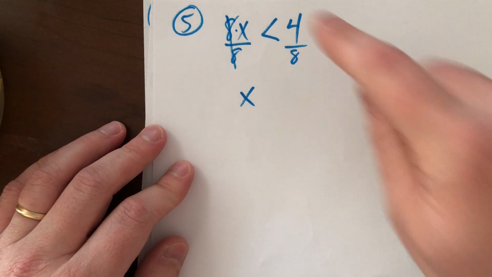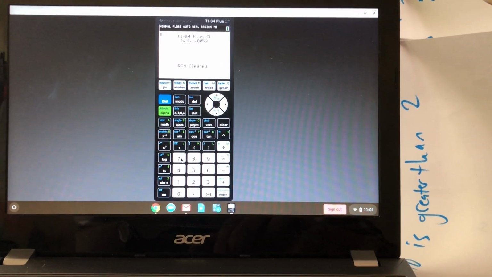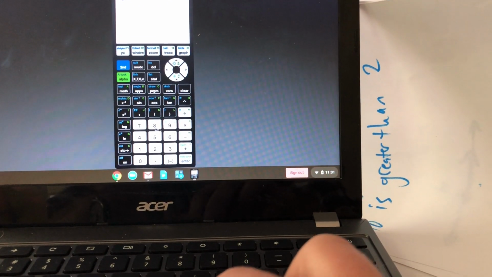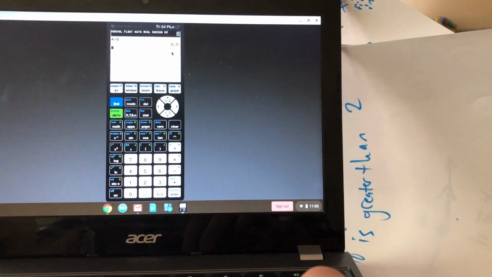All right, so let's say we're not sure what 4 divided by 8 is. All you've got to do is grab your calculator, and type 4 divided by 8. When you hit enter, okay, I know what 0.5 is.